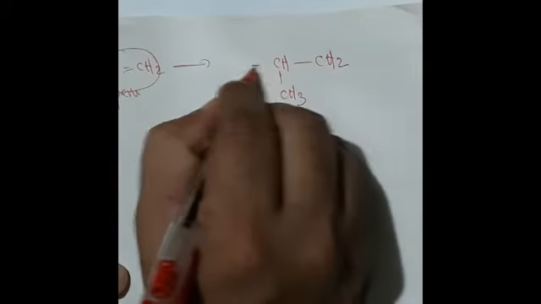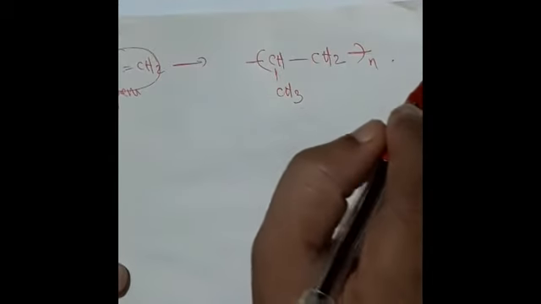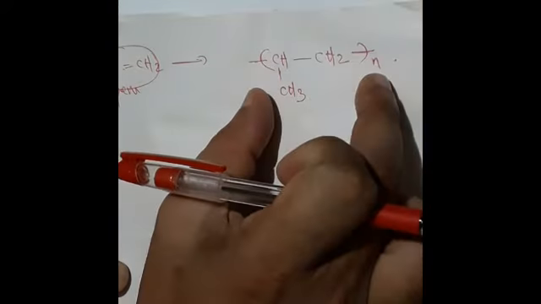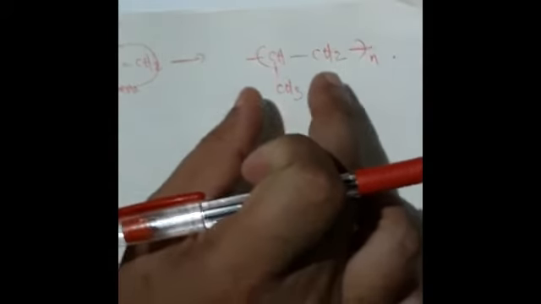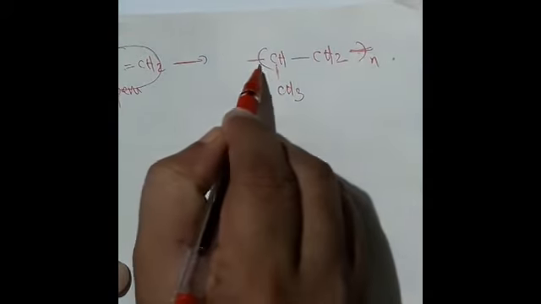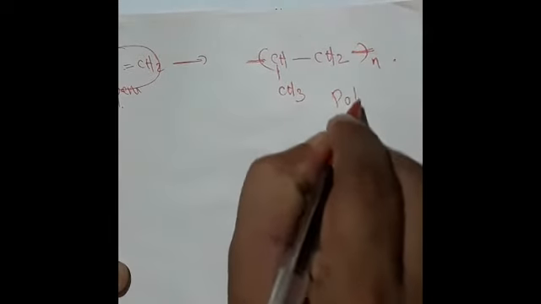Put a bracket and n. What is the meaning of this? This is one unit. This type of unit will join here, also here, unlimited. That's why we say it is a polymer. Clear? So this is propene and this is polypropene.